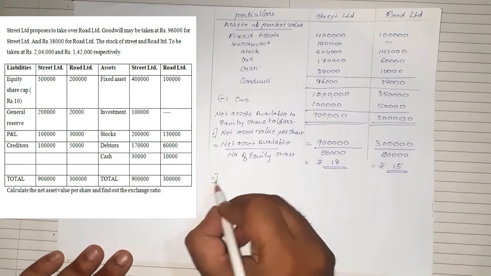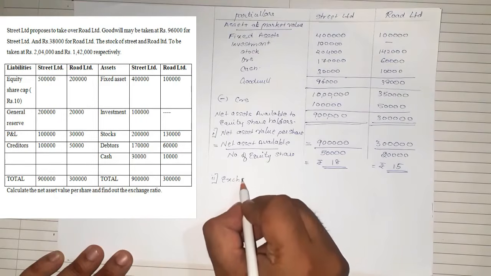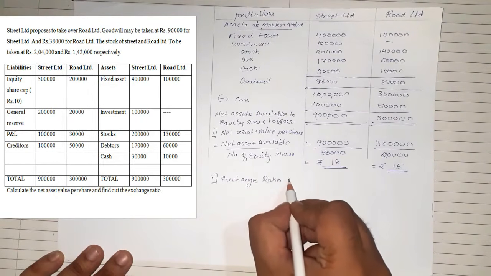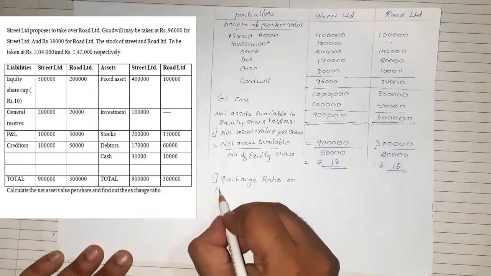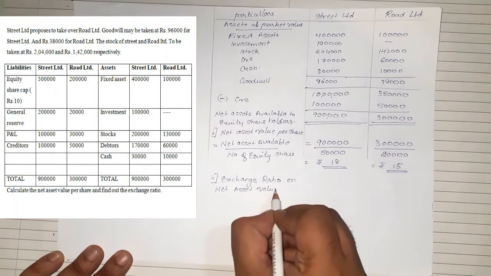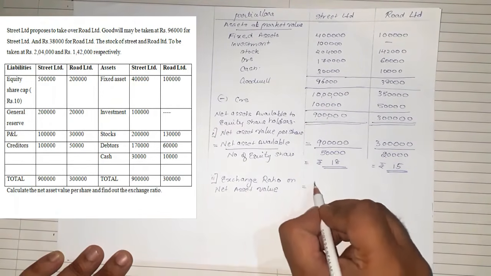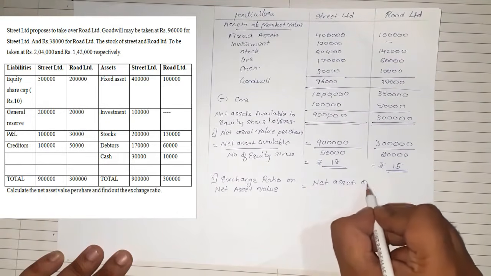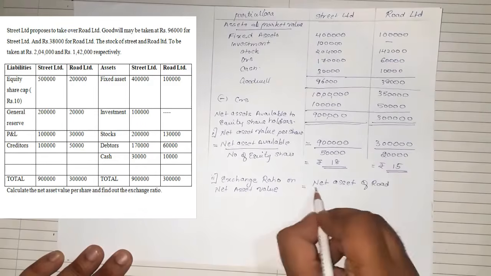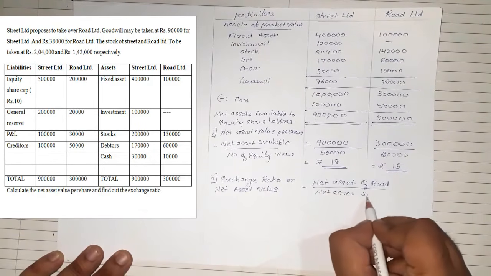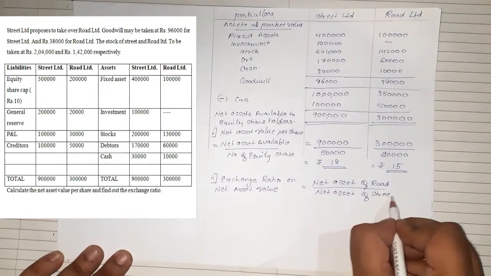Second, they are asking you to find the exchange ratio. So we'll note down this as the exchange ratio on net asset value is the net asset of the company that is getting taken over, the net asset of Road upon net asset of Street.